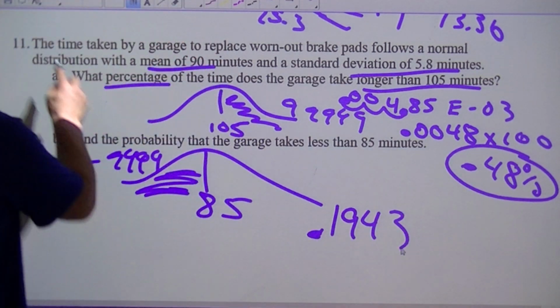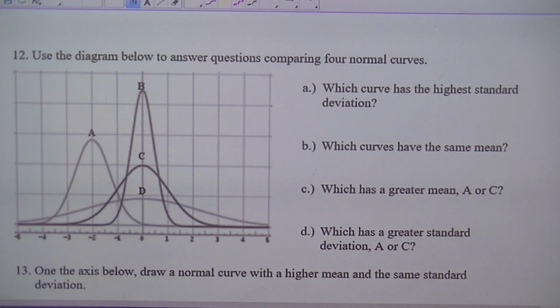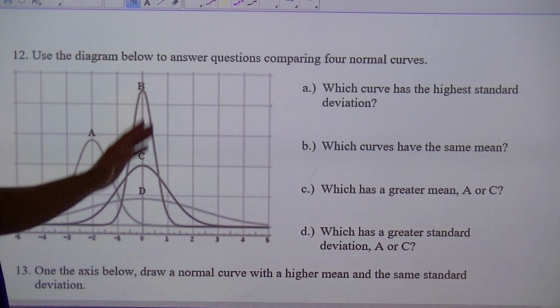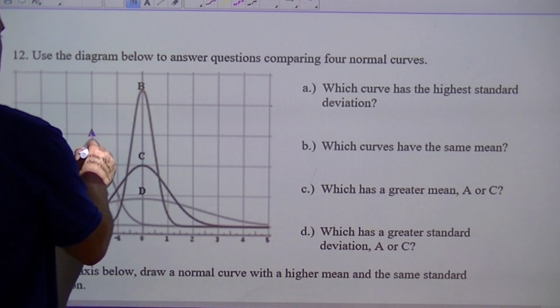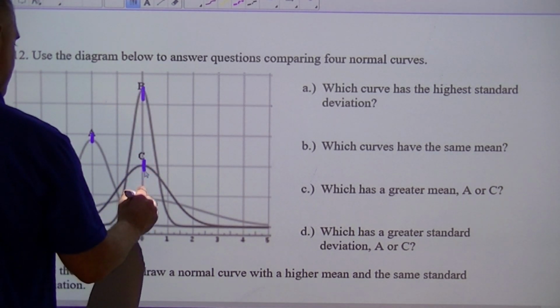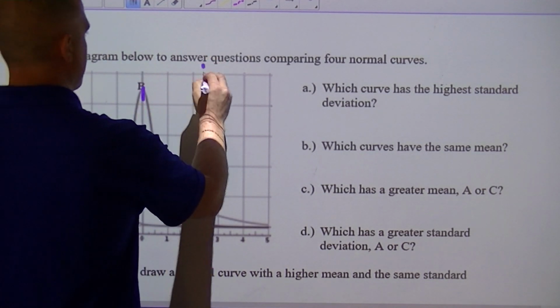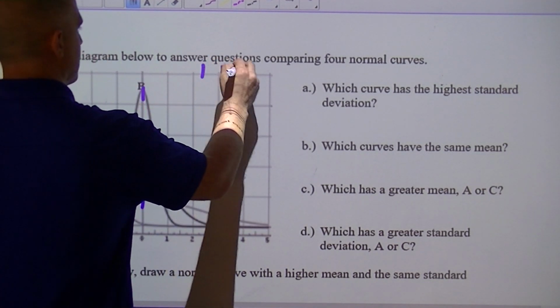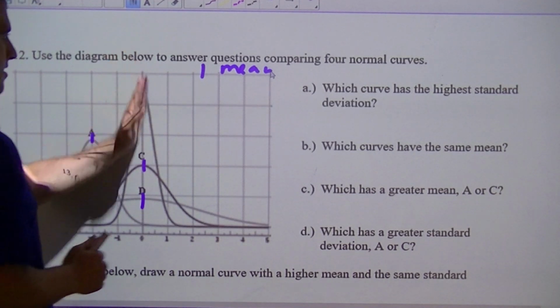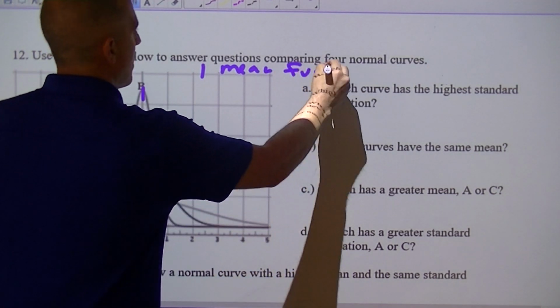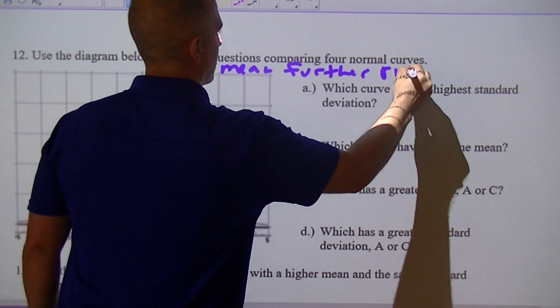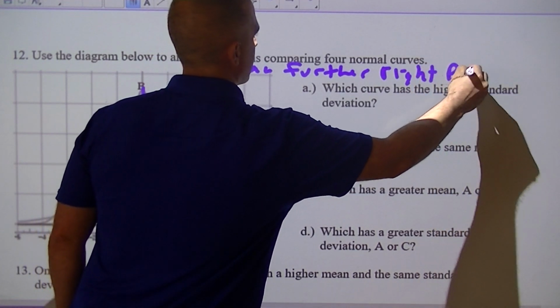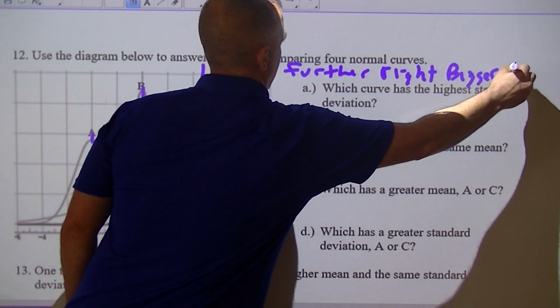That's all they want is probability. Question number 12. The bigger thing you have to understand is when you look at these peaks, that's where the mean is, right here. The further right, the bigger the mean.